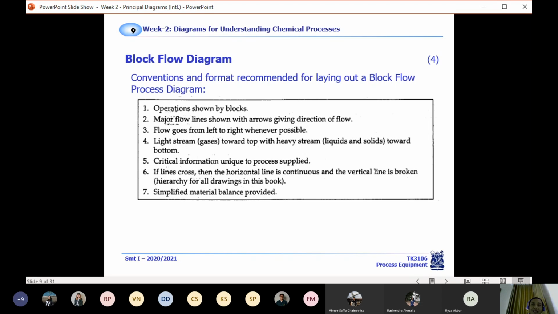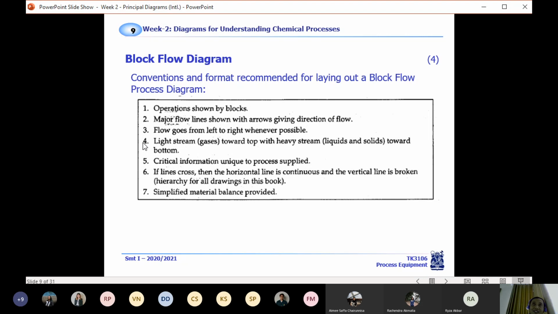For example, gas has a lighter density and liquid has a heavier density than gas. So when you make a separation, the gas goes from the top, and the liquid goes to the bottom. This is the consensus.